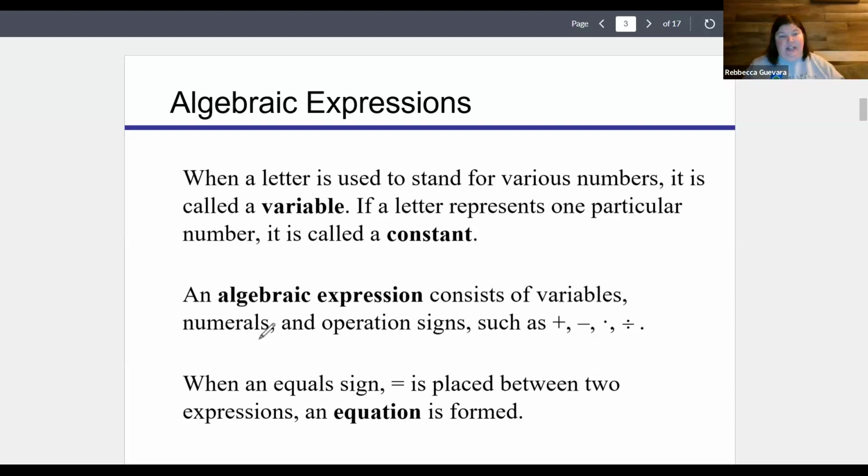So if I wrote 3x minus 2, oops, sorry, wrote just that, that's an algebraic expression. Let's say I write 13. 13 itself is also an algebraic expression.